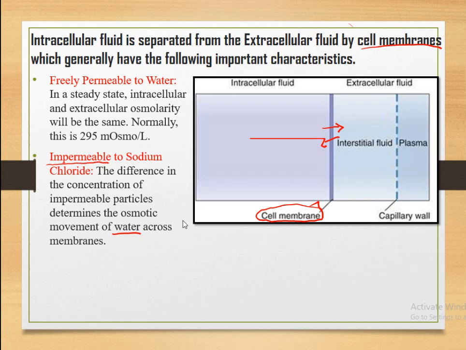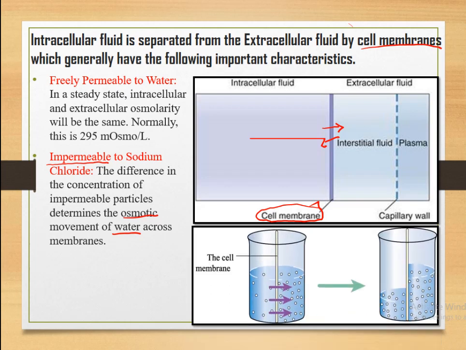This helps us determine the osmotic movement of water across the cell membrane. For example, in my diagram here, let's say I make this side more concentrated and this one less concentrated, you find that there will be movement of water from this region to that region. Because of the differences in these impermeable substances, we can determine how water will move.